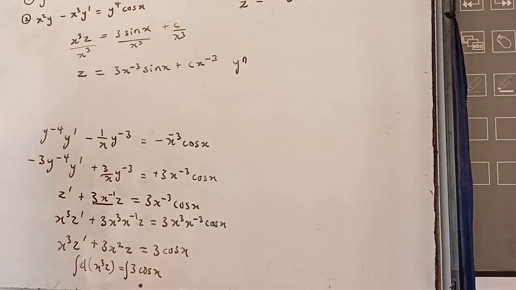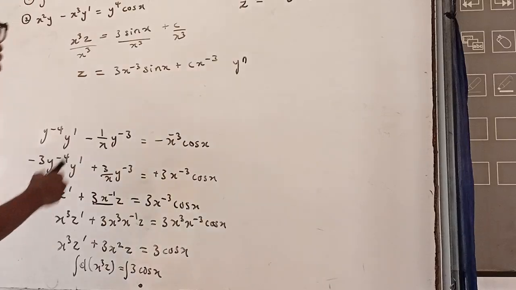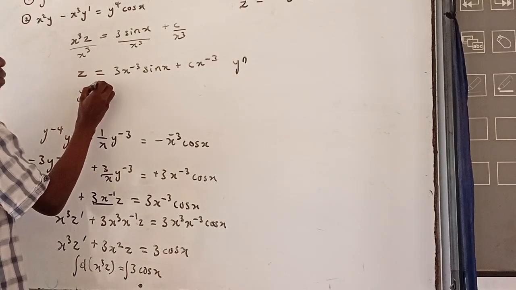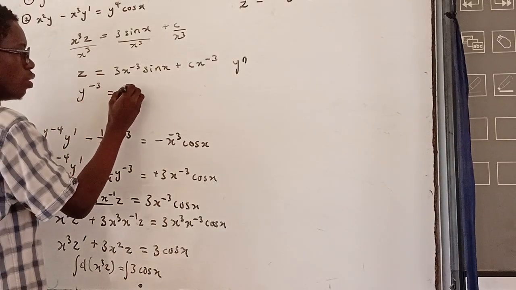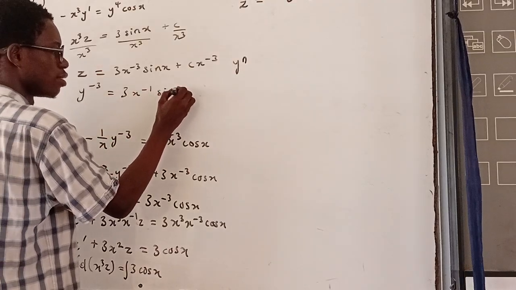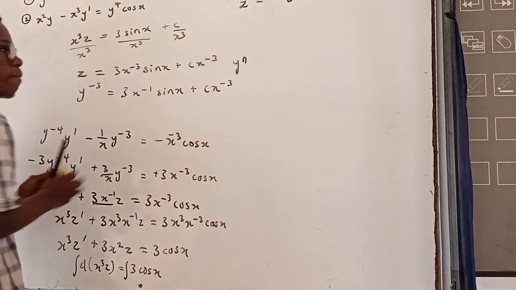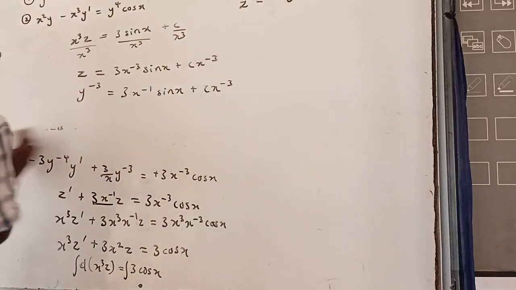But don't forget, we can't leave our answer in z. We have to leave our answer in y. So it means y raised to power minus 3 equals 3x minus 3 sine x plus cx minus 3. Now let's make y stand alone.